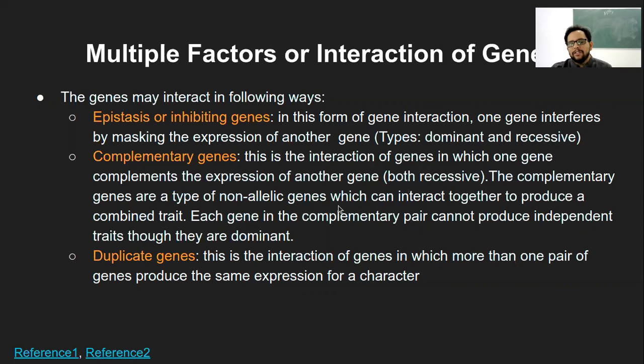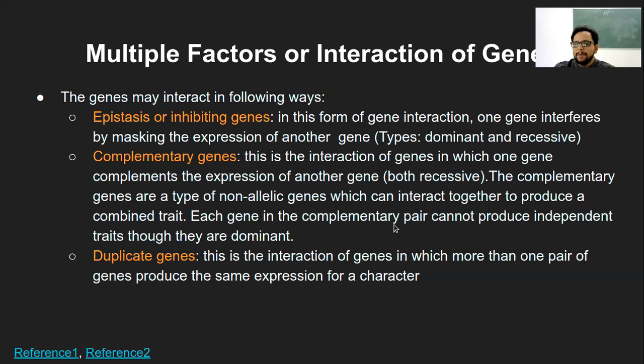The complementary genes are a type of non-allelic genes which can interact together to produce a combined trait. Now the combined trait will not be equivalent to the recessive phenotype, but it will be somewhere close to the dominant one. Being recessive and still being able to express like a dominant one, not completely, but that way. So that is called complementary genes.